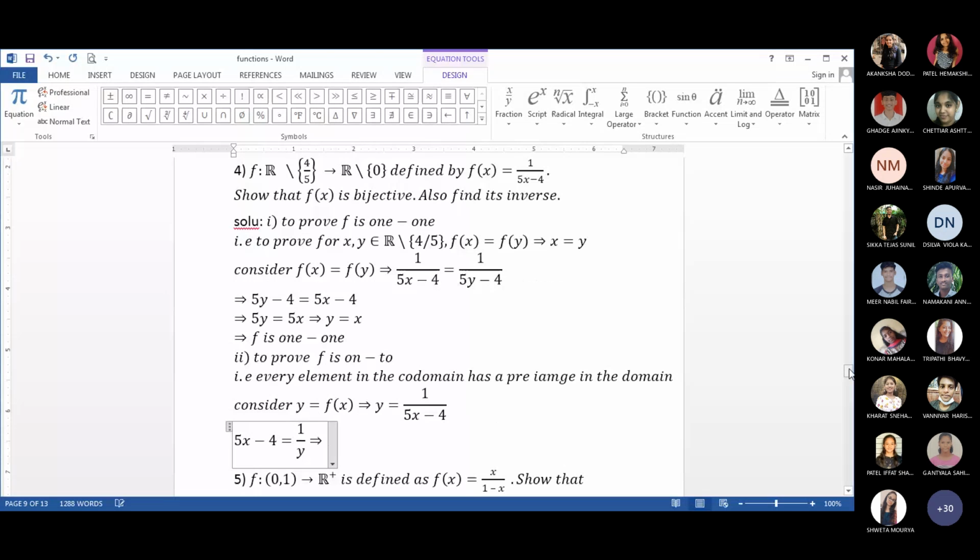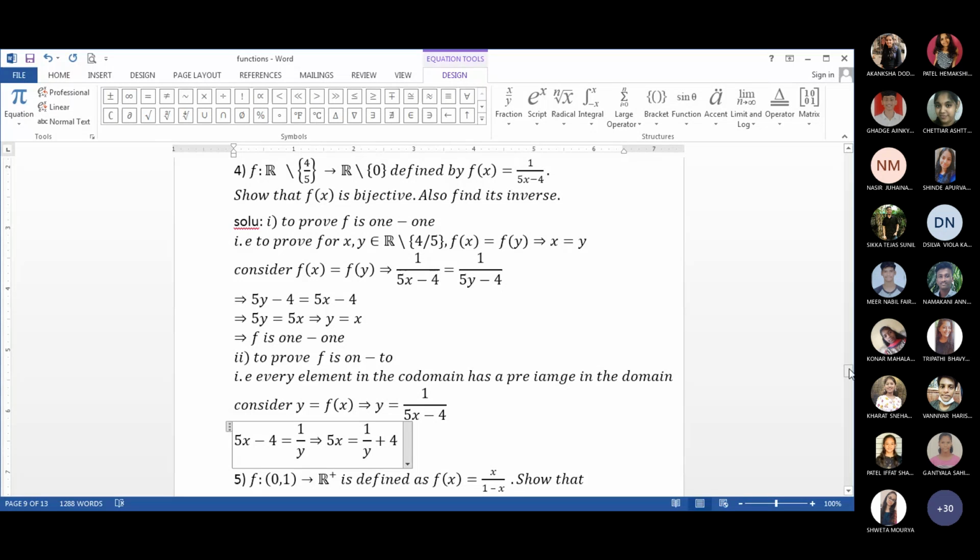So 5x is equal to 1 upon y plus 4. Okay, I am using the basic arithmetic properties.